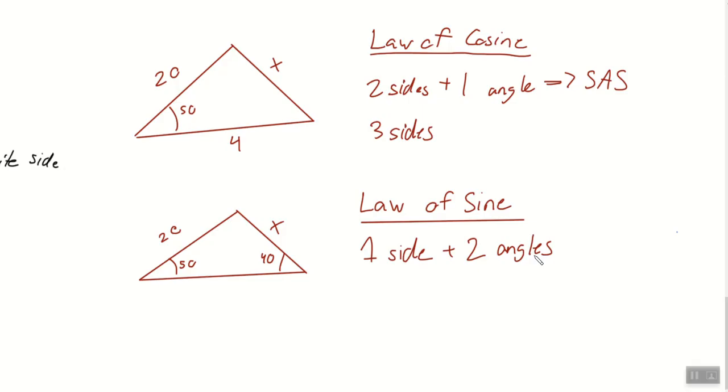So, does that help you? It's going to help you in the future when you do some problems. So I have 3 sides, or 2 sides and 1 angle inside the 2 sides, and I'm doing law of cosine. I have 1 side and 2 angles, then I should be doing law of sine.